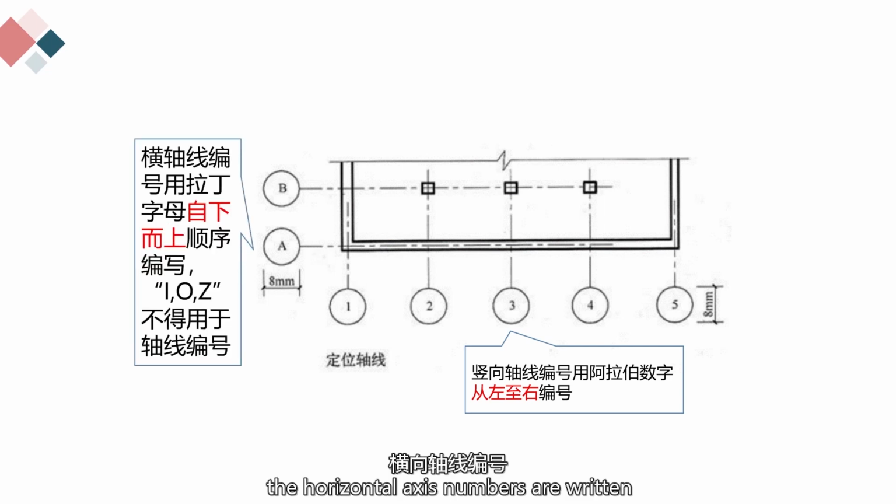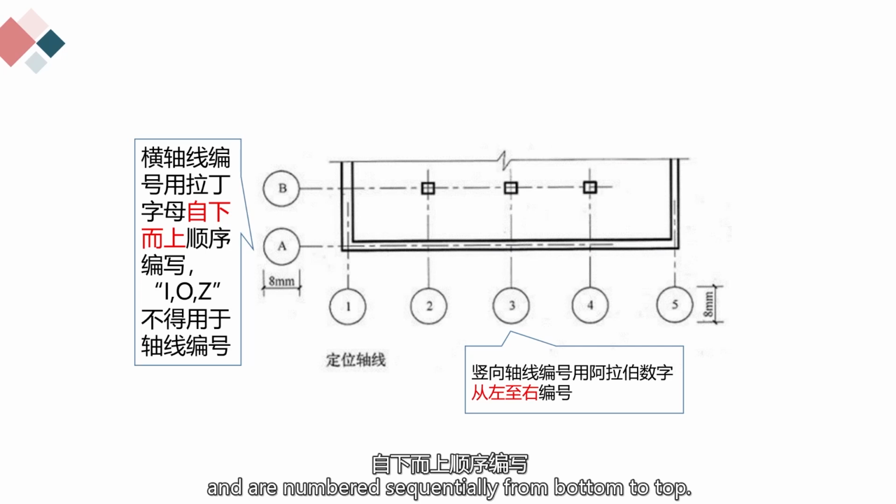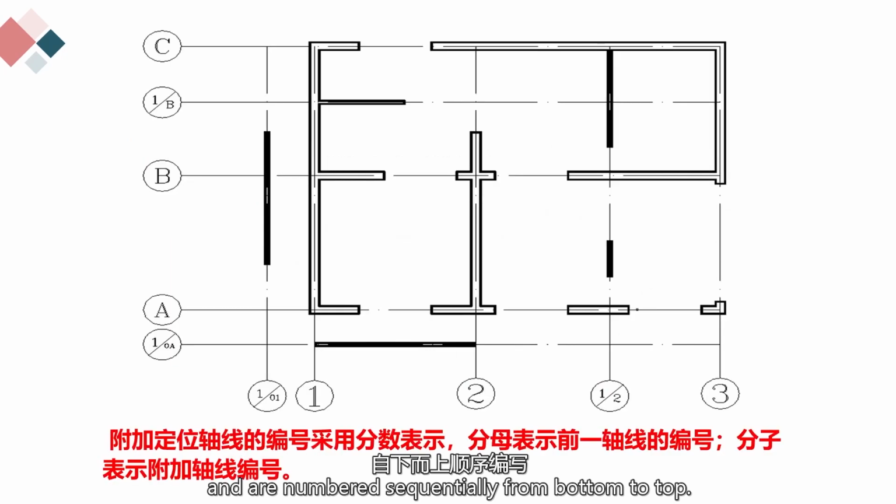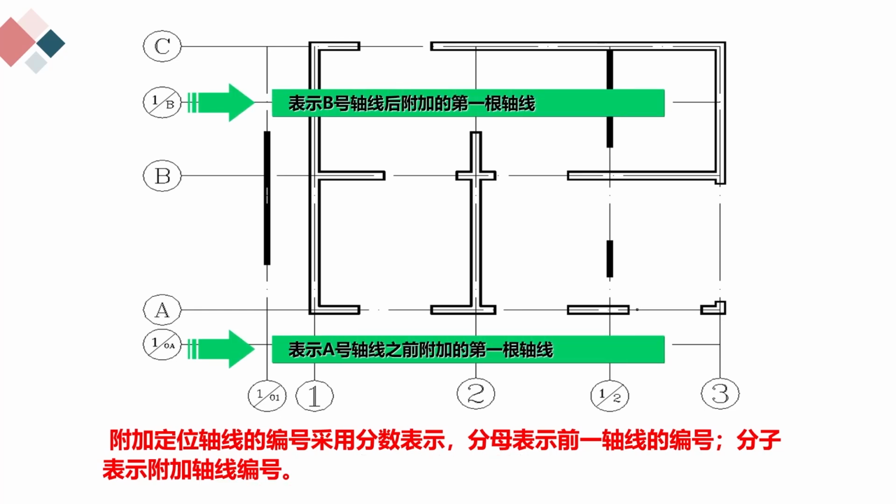The horizontal axis numbers are written in Latin letters, except I, O, Z, and are numbered sequentially from bottom to top. The numbering of the additional positioning axes is expressed in fractions. The denominator represents the numbering of the previous axis, and the numerator represents the numbering of the additional axis.